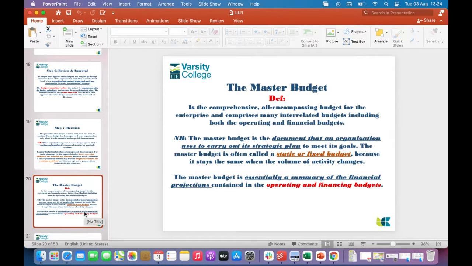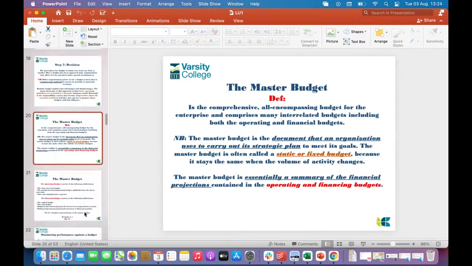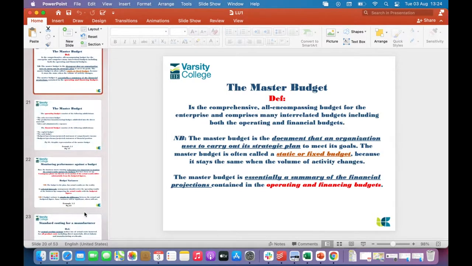Here we're looking at the definition of a master budget. It is a comprehensive, all-encompassing budget for the enterprise and comprises many interrelated budgets, including both the operating and financial budgets. The master budget is the document that an organization uses to carry out its strategic plan to meet its goals.